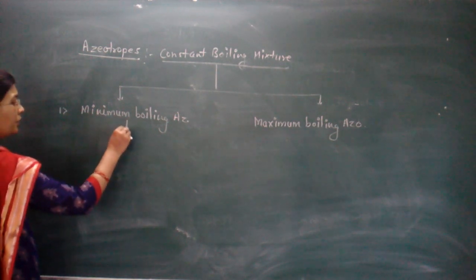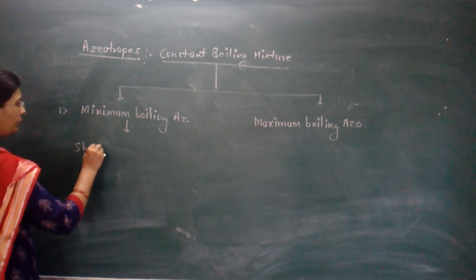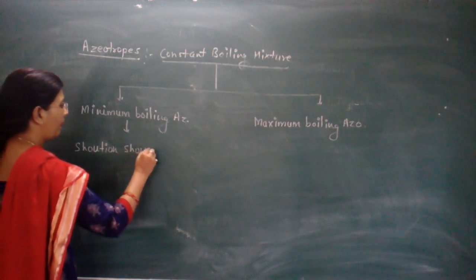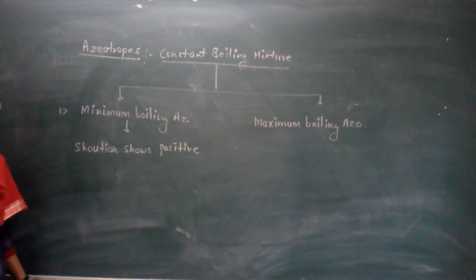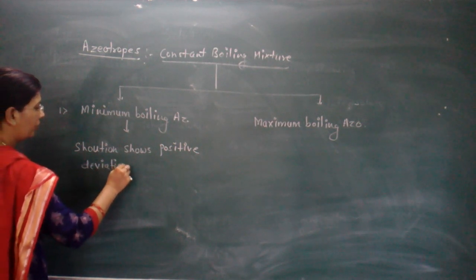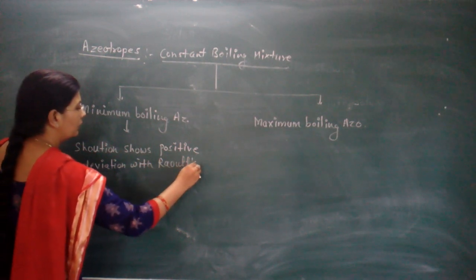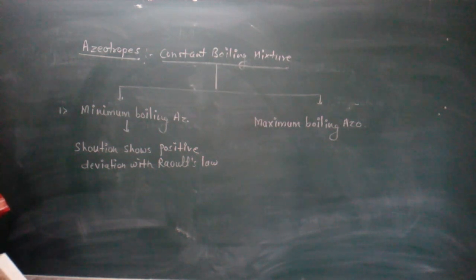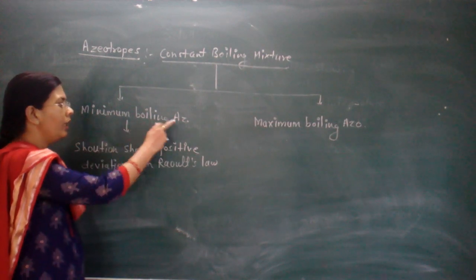Minimum boiling azeotropic mixtures are those in which the solution shows positive deviation with Raoult's law. The solution which shows the positive deviation from Raoult's law forms the minimum boiling azeotropes.